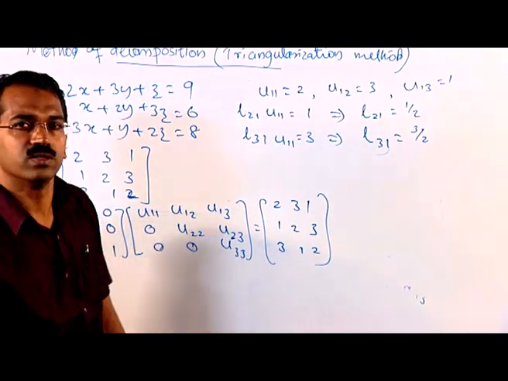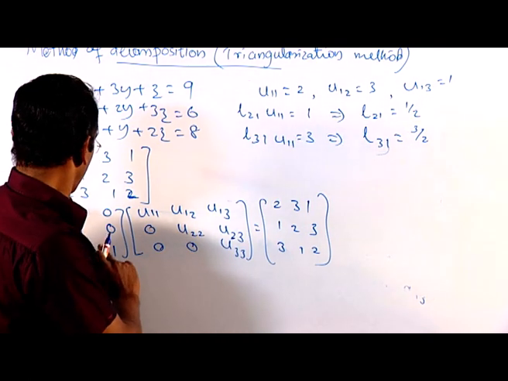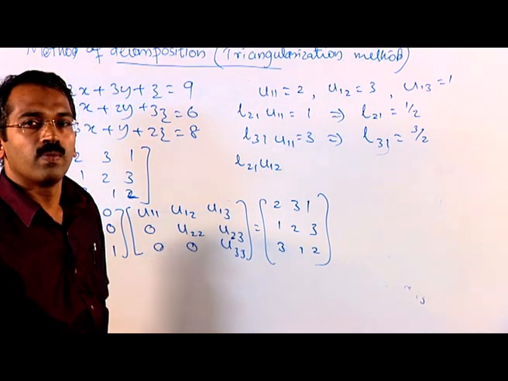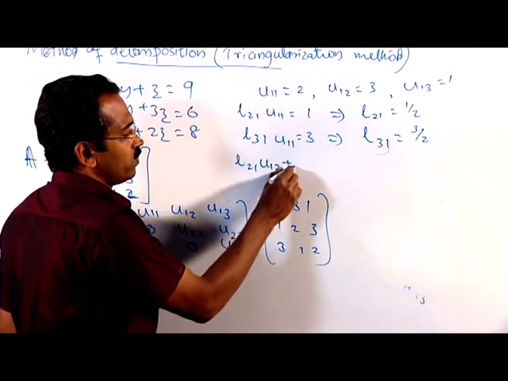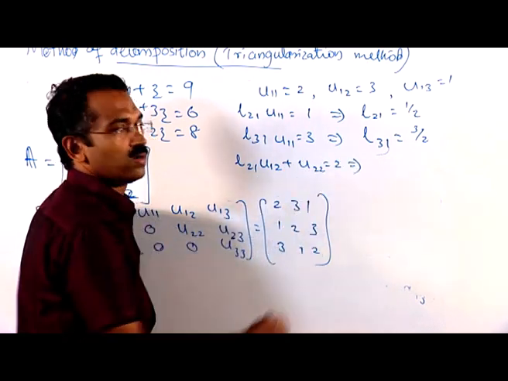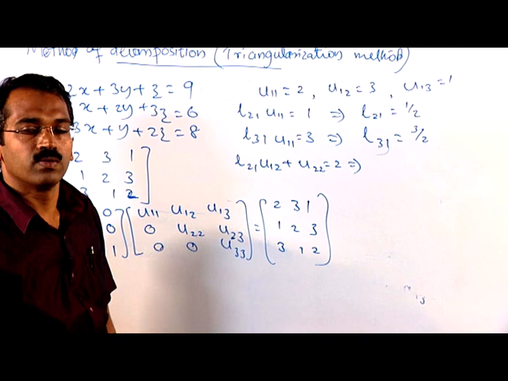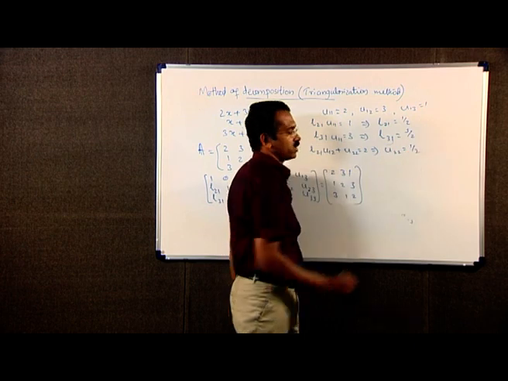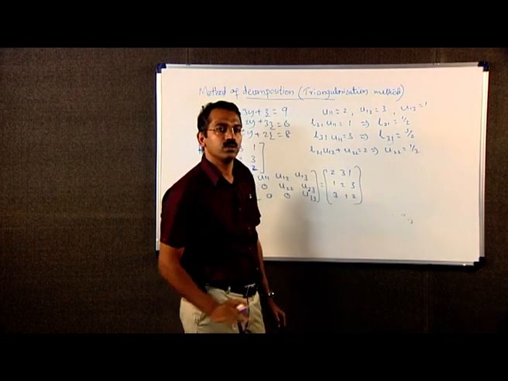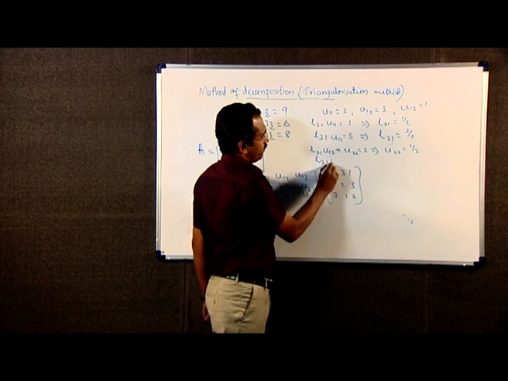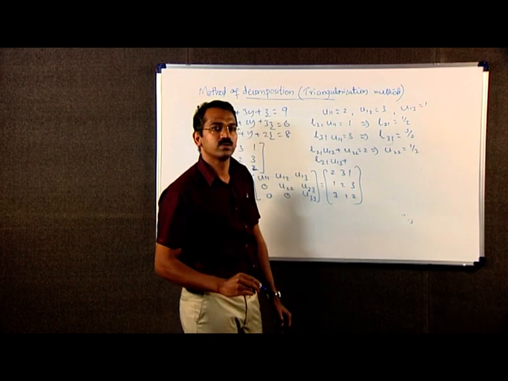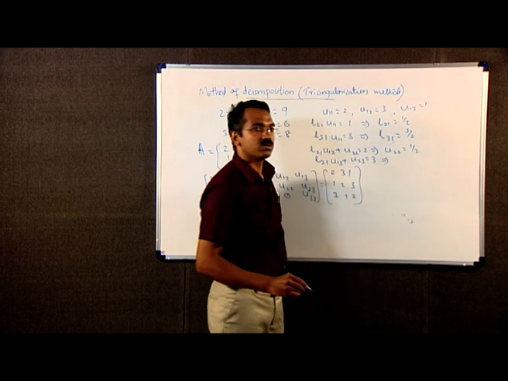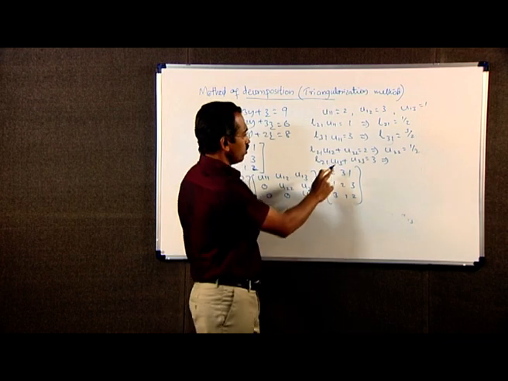We have the equations L21 U12 plus U22 is equal to 2, which gives U22 is equal to 1 by 2, and L21 U13 plus U23 is equal to 3, which gives U23 equal to 5 by 2.